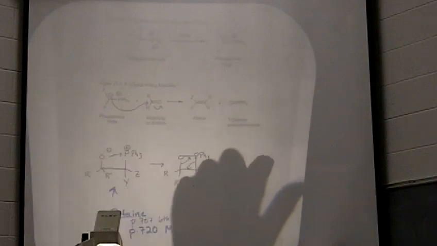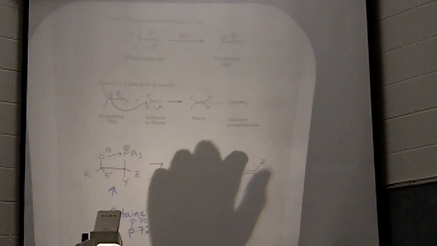We get our triphenylphosphine oxide, and then we get the double bond formed for our alkene, okay? And so then our Y and Z came from our ylid, our R and R prime came from our aldehyde or ketone, okay? And so then we join those pieces together, all right?